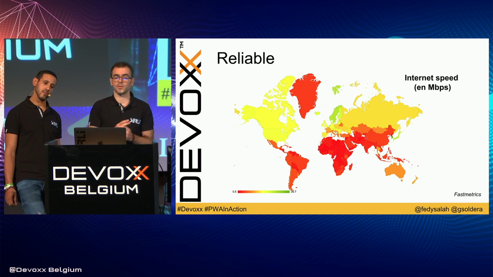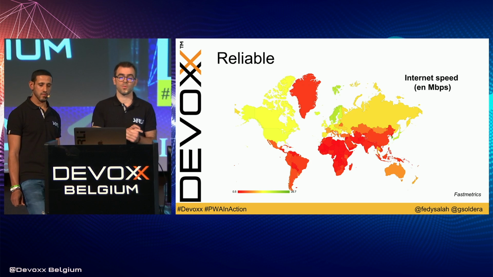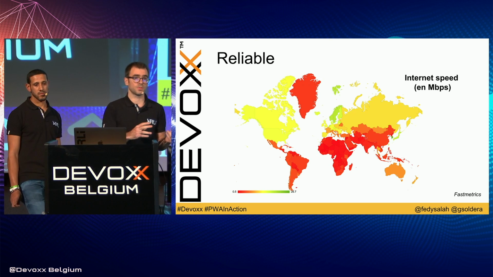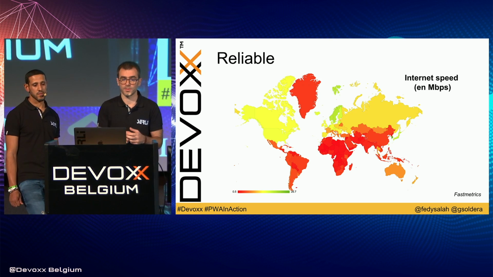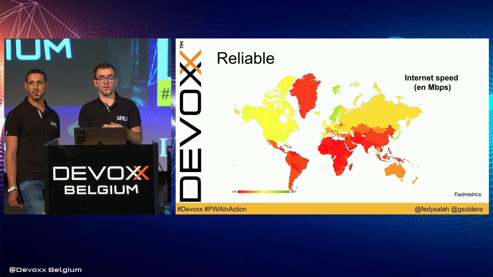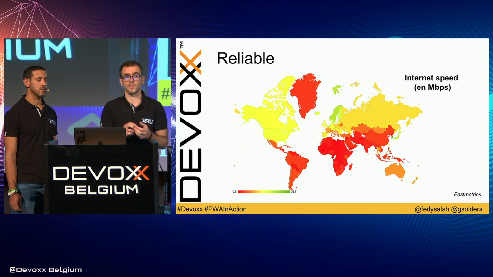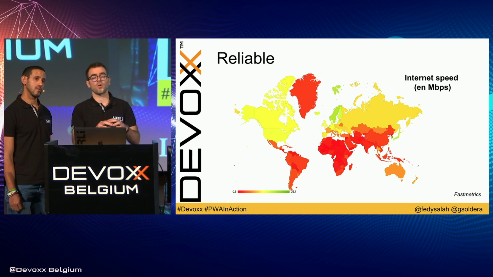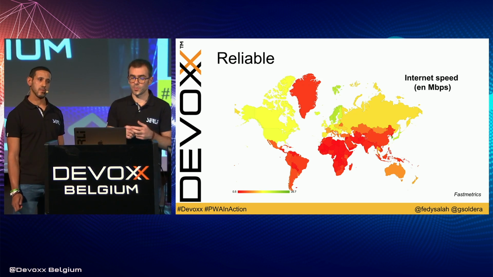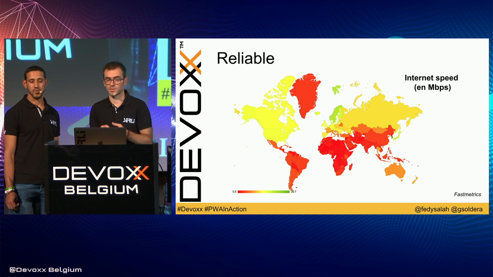Second point, your application must be reliable. If you want users to come to your website, to your app, you must care about the internet speed. If you want to reach users all over the world, you must take that into consideration.